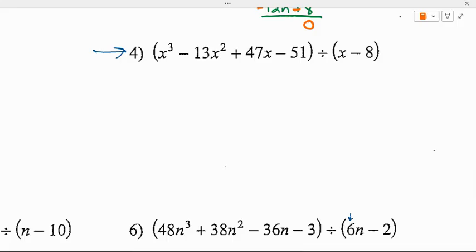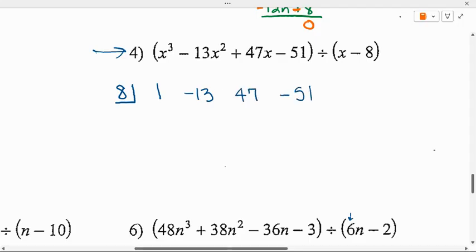Someone explain to me how to set it up. Who feels like they can walk us through it? Kane. Good job. Root is positive 8. Keep going. Yep. Perfect. Keep going.